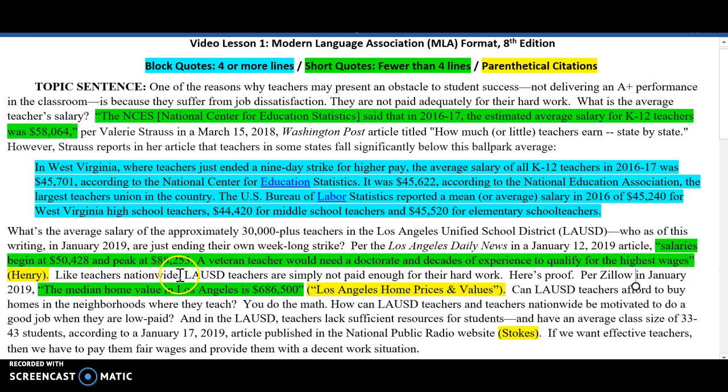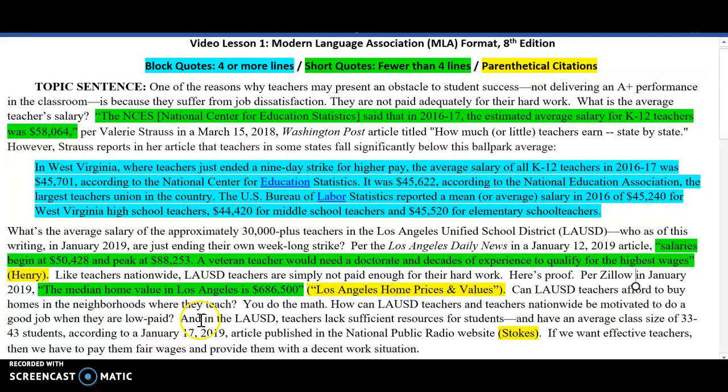Like teachers nationwide, LAUSD teachers are simply not paid enough for their hard work. Here's proof. Per Zillow, in January 2019, the median home value in Los Angeles is $686,500. Can LAUSD teachers afford to buy homes in the neighborhoods where they teach? You do the math.